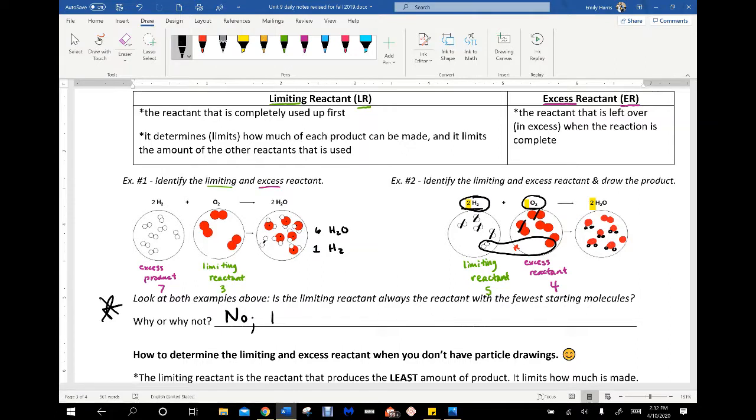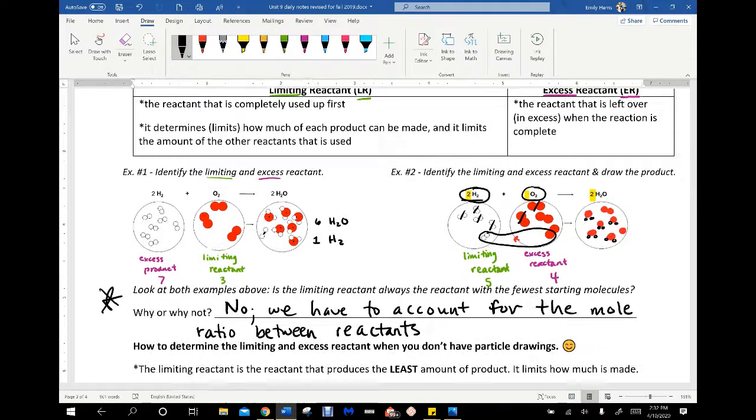So we have to account for the mole ratio between reactants. Not everything is a 1-to-1 ratio. Sometimes you may need double or triple the amount, and that affects which reactant comes out as limiting.